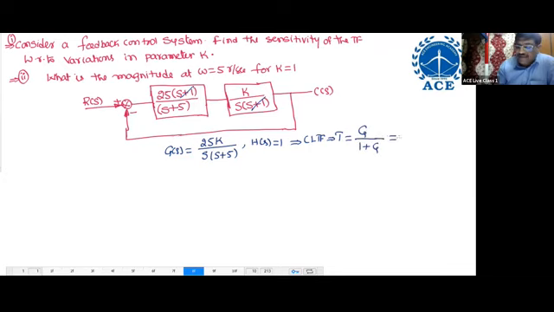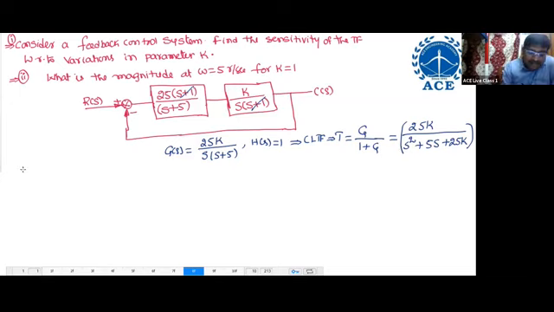H is 1, so that is simply 25k by s square plus 5s. Add the numerator term in the denominator, then it becomes 25k by s square plus 5s plus 25k. This is the closed loop transfer function.